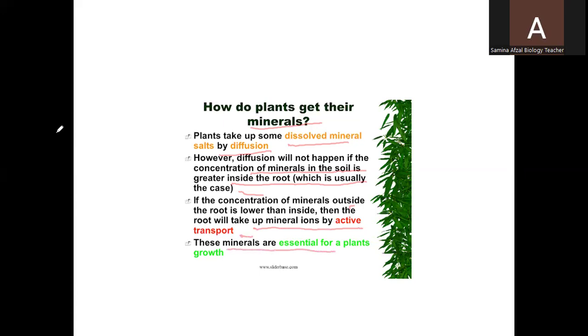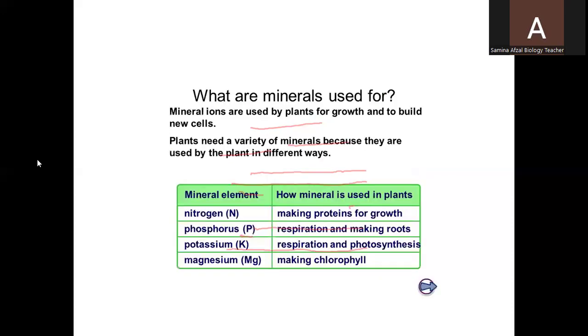So these minerals are essential for plant growth. Now we will discuss in the next slide which different types of minerals are necessary for the plants and what are their uses. Mineral elements, first of all, the nitrogen.